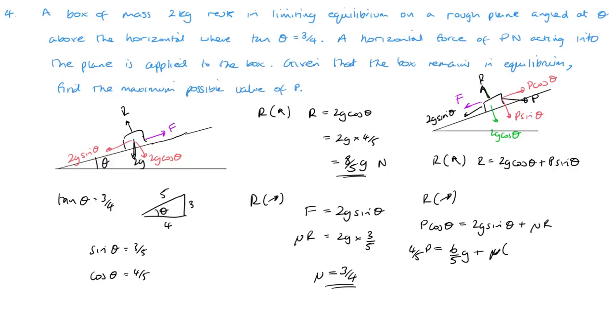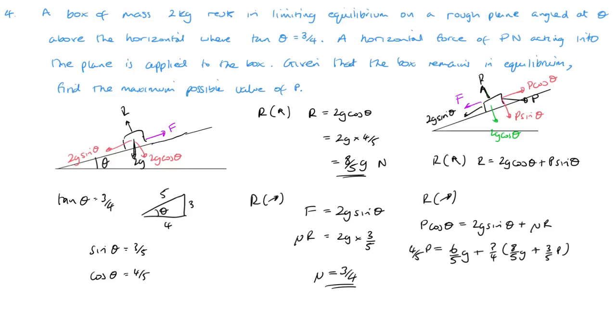Cos theta is 4/5, so that's 8/5 g plus P sine theta, so 3/5 P there. Okay, and mu is 3/4, so I'll rub that out and pop a 3/4 in there.